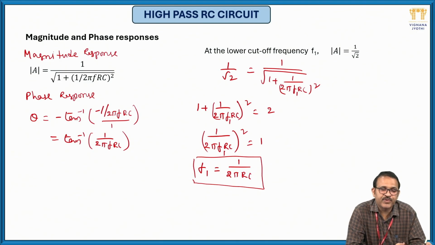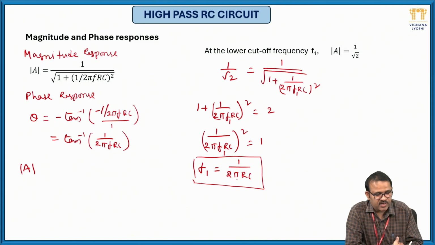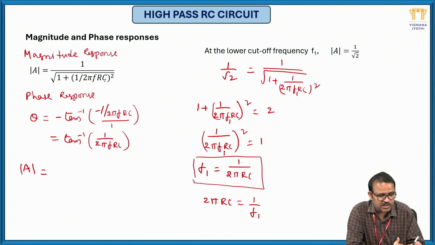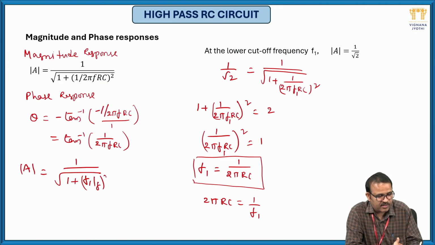And coming to the magnitude and phase responses, so mod A is equal to 1 by 2 pi RC, which is equal to F1. So 2 pi RC is equal to 1 by F1. Now replacing 2 pi RC by 1 by F1, finally we get mod A is equal to 1 by square root of 1 plus F1 by F whole square.